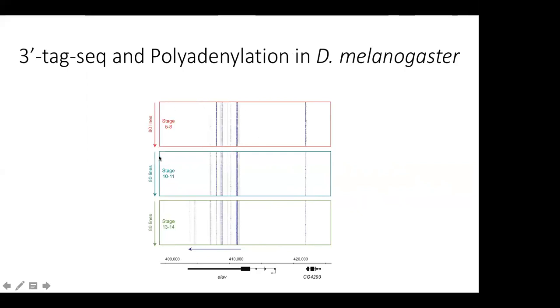On the Y axis, for each stage, you have all the 80 lines, and in blue is represented the coverage of each alternative polyadenylation site. You can see one gene that is very well known, ELAV, that has multiple 3' UTR ends.